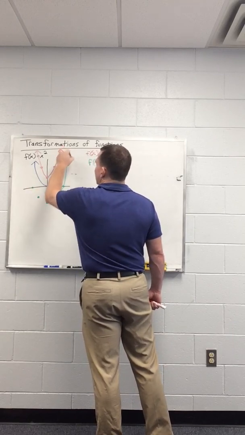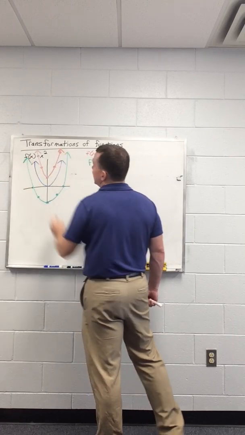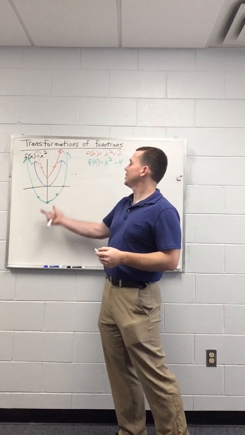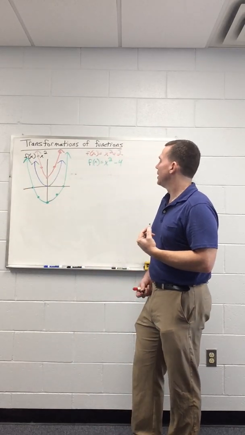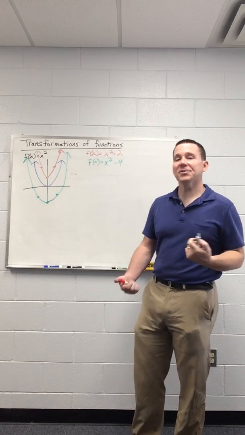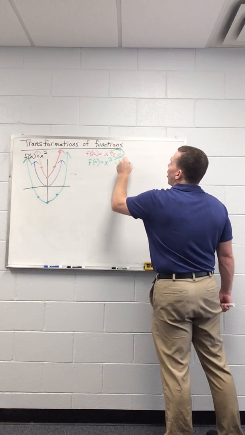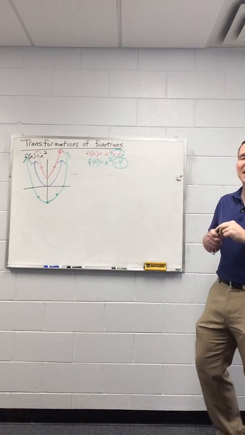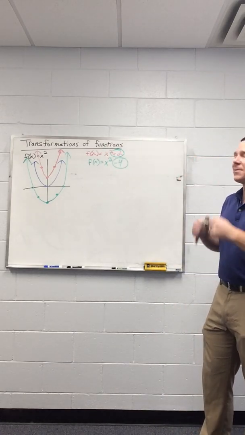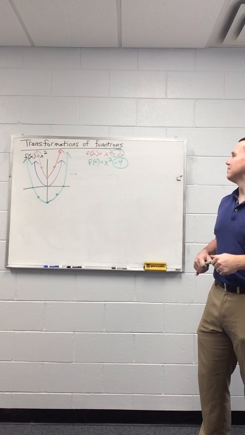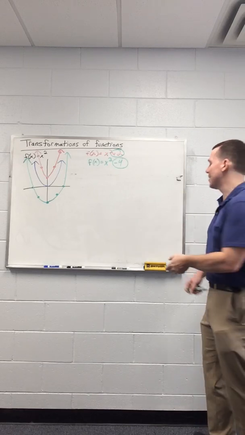And again, it's pretty obvious. It's the exact same graph, just shifted downwards. And that gives us the first transformation we care about. If we add or subtract on the end of our function, outside of our function, we have a vertical shift, a vertical shift up or down.